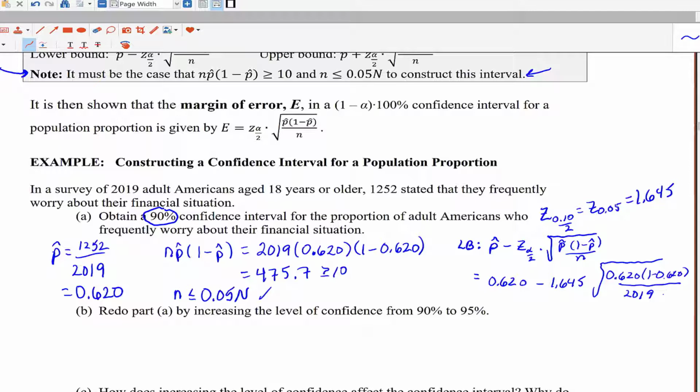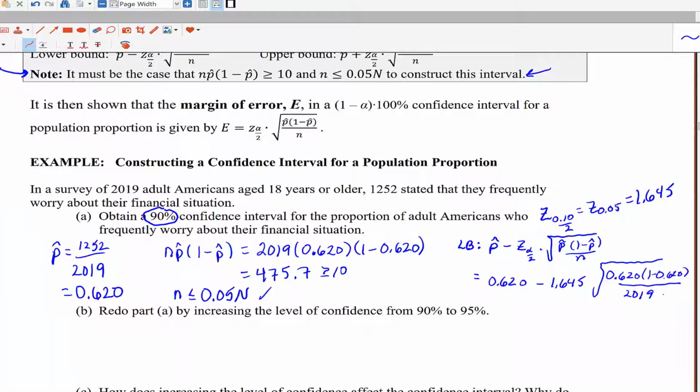I recommend that you compute that margin of error piece first. So I'm going to do 0.62, multiply that by 0.38, divide that by 2019, take the square root, and then multiply that by 1.645.